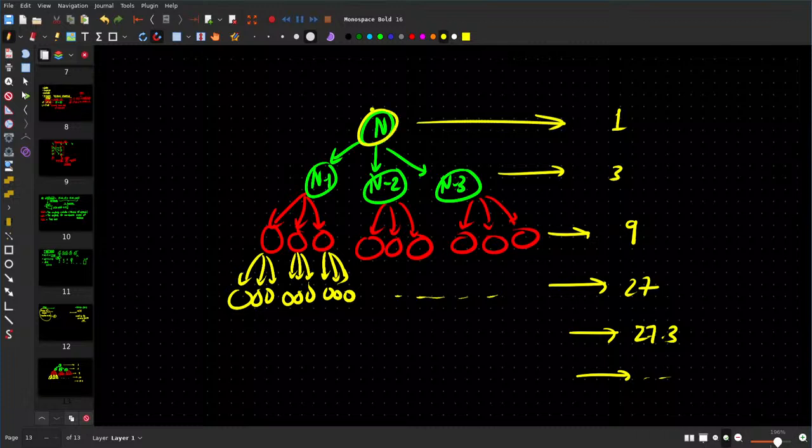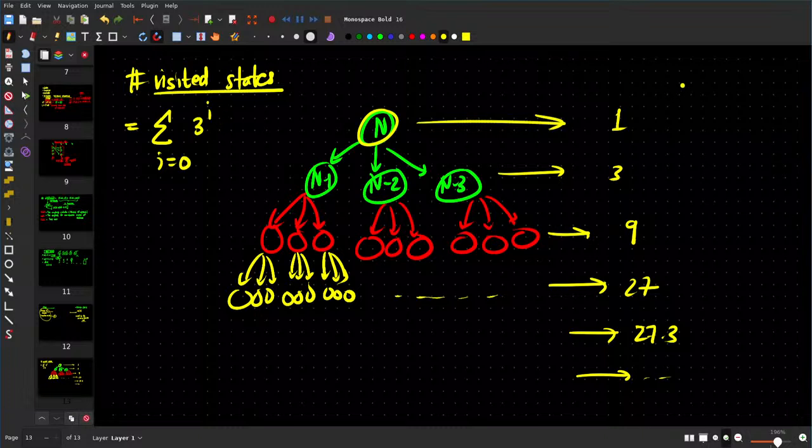So notice that for any n, the number of visited states is sigma 3 raised to i, for i equals 0 onwards.